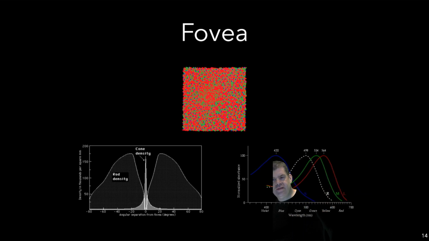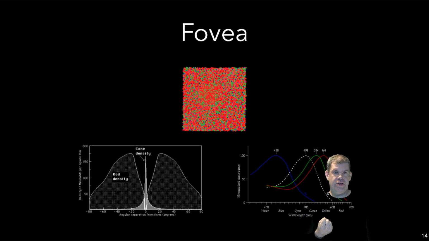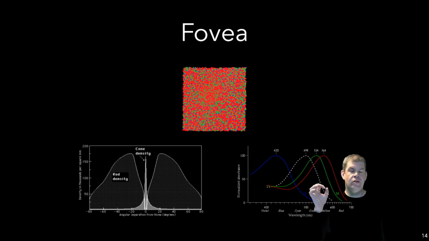In the area of maximum cone density, the part where we have the maximum resolution in our retina, we can't distinguish short wavelengths very well. So long story short, don't design a visualization in blue. It's a dumb idea.